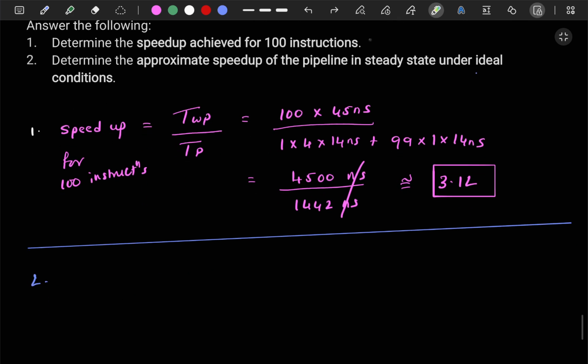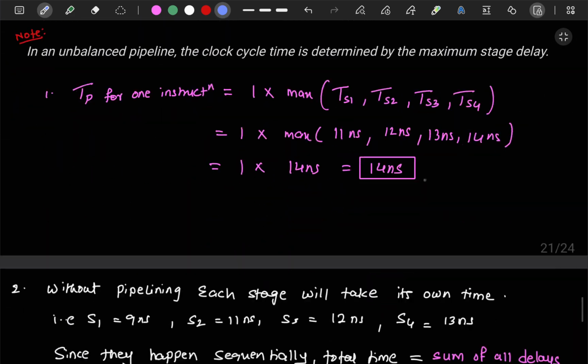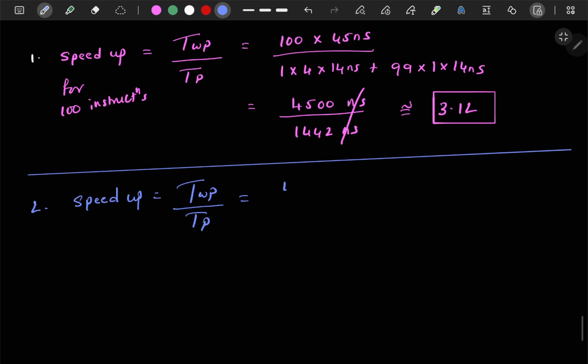The formula is the same: time taken without pipelining and time taken with pipelining. Time taken without pipelining for one instruction is 45 nanoseconds. We are not calculating for 100 instructions, because for every clock we get one instruction.